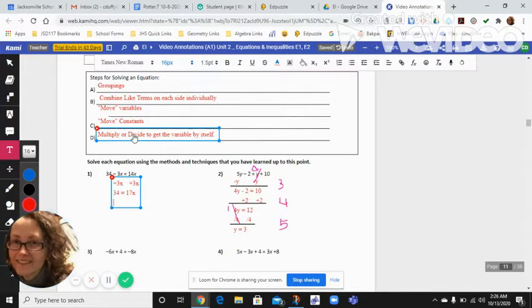So now I can skip down to the last step, step 5. I'm going to multiply or divide to get the variable by itself. Whatever is with my variable is what I want to divide, and that is my 17. I'm trying to get that 17 away from the variable, so I'm moving the 17 from one side to the other.